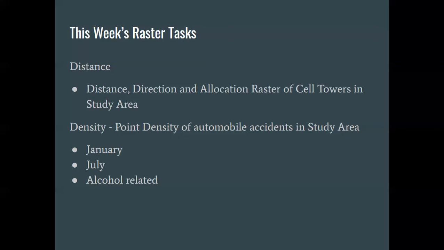Then we're going to do a very basic point density for automobile accidents, and we're going to compare those densities across a couple of fields. We're going to look at how January and July differ in terms of accidents, and then we're going to look at accidents that are related to alcohol versus not, and see if their densities are different. Okay, that's it. We'll pick this up in the example videos on how to do each of these tasks.